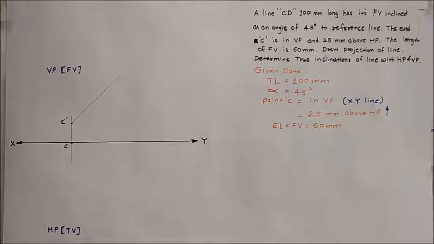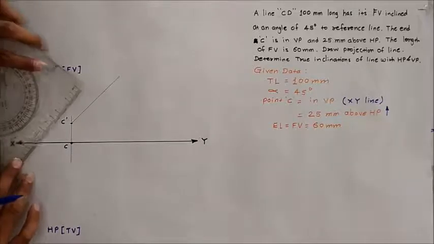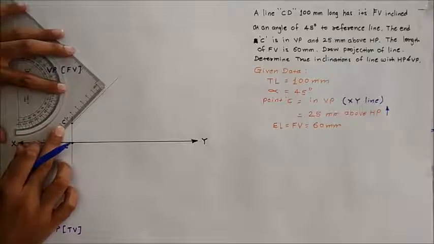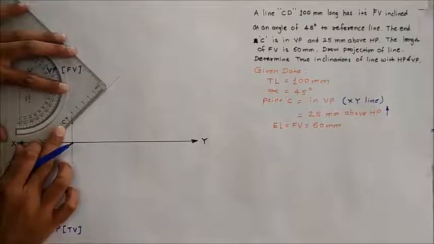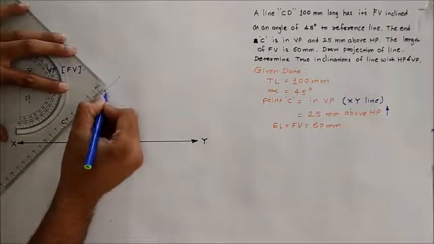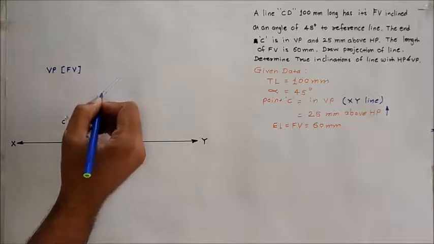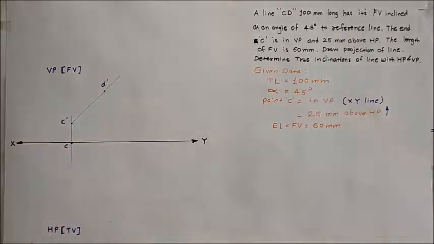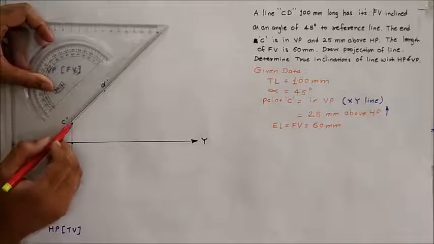So from C dash, measure 60 mm dimension on the line which is at an angle of 45 degree. So the end point will give you D dash. Join this C dash to D dash with the dark continuous line.